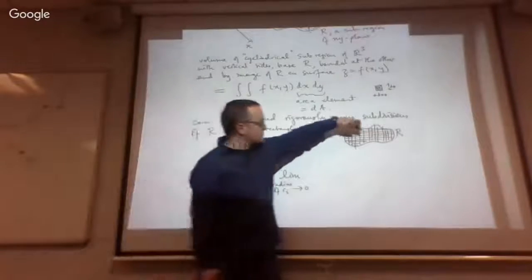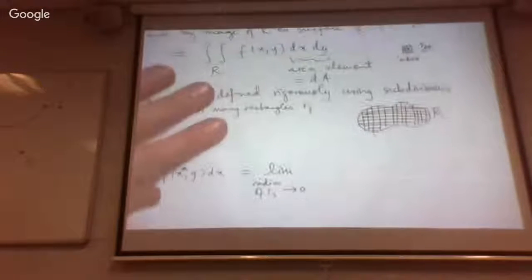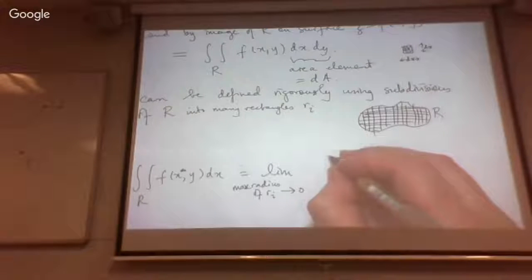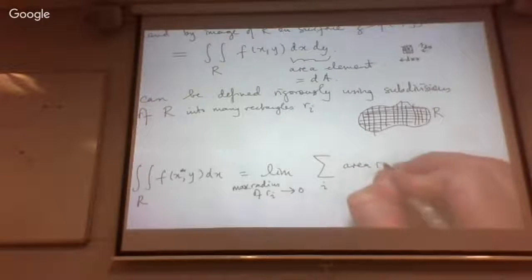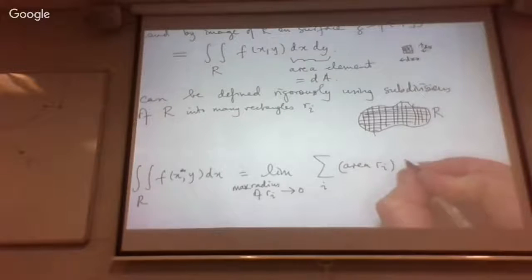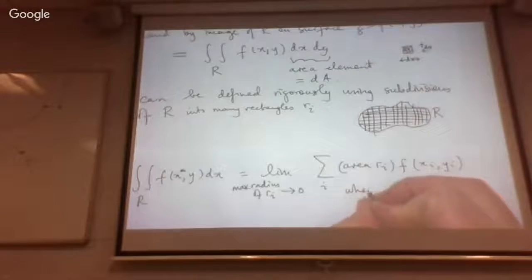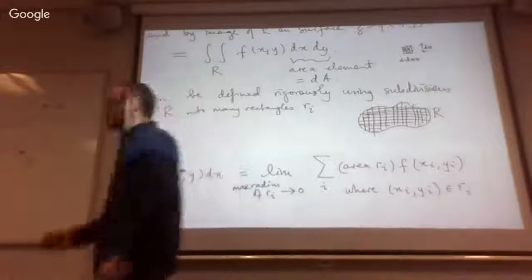So we're letting the maximum radius, or maximum diameter, of these rectangles shrink to nothing, taking the limit of this, and you're adding up over all the rectangles i the area of Ri multiplied by f evaluated at xi, yi, where xi, yi is an element of the rectangle Ri.